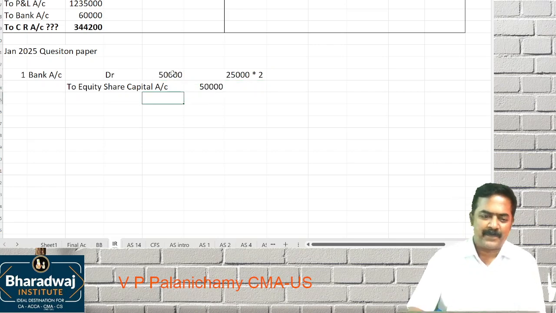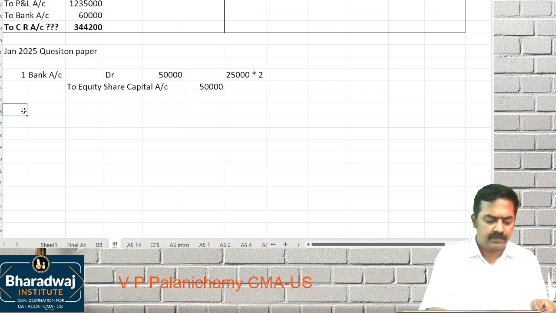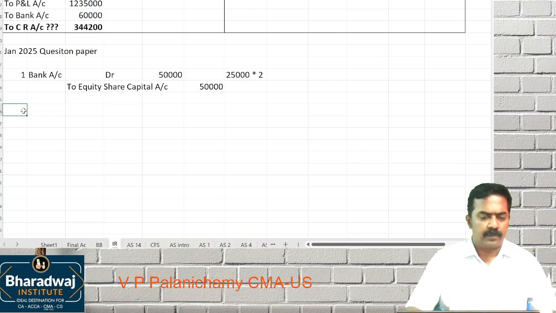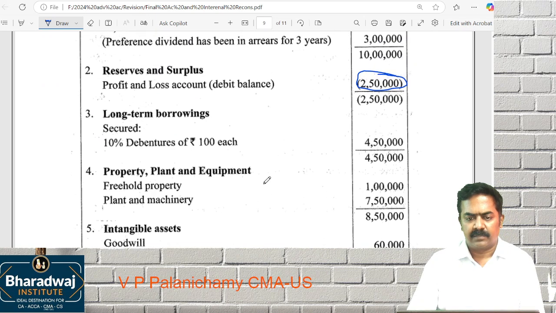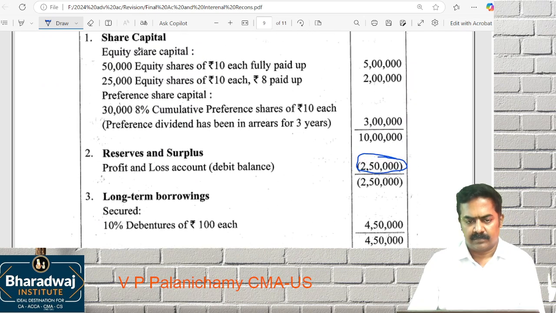Then what is the next one we are going to do? What is the entry we have to pass? How many shares are there in the balance sheet? All are fully paid up. 75,000 shares are there.